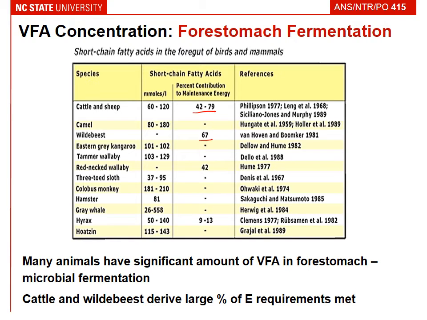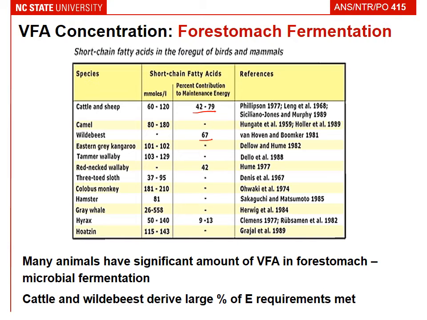So this table is just showing how the amount of VFAs that are produced are meeting the animal's energy requirements. Obviously we don't have all the details for many of these different species. We can see the concentration of the volatile fatty acids, but we don't necessarily know what percentage of the energy requirement it is meeting.